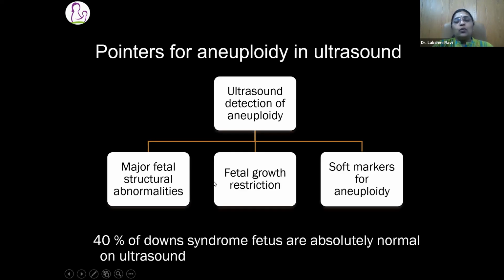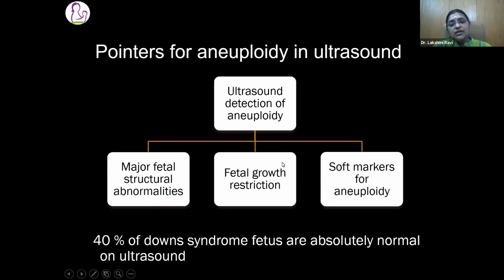So ideally, what are the pointers for aneuploidy in ultrasound? When we do an ultrasound, the fetus can have some major fetal structural abnormalities. Especially when more than one system is involved, multi-system anomalies are a pointer of genetic abnormalities, especially aneuploidy.